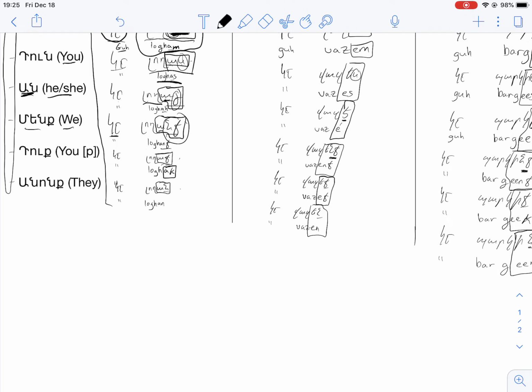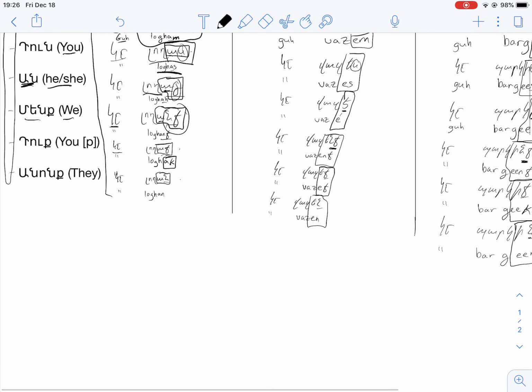Tuk, which is you plural, gelorak. Okay? Ak is the ending. Phonetically, right there. Anonk, which is they, geloran. We have it phonetically here.